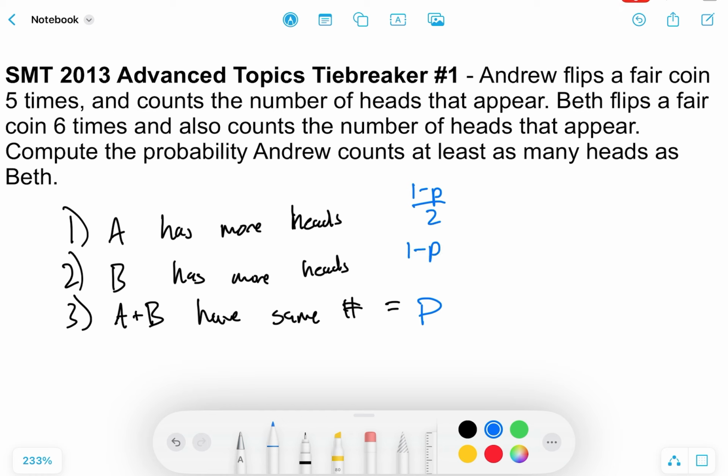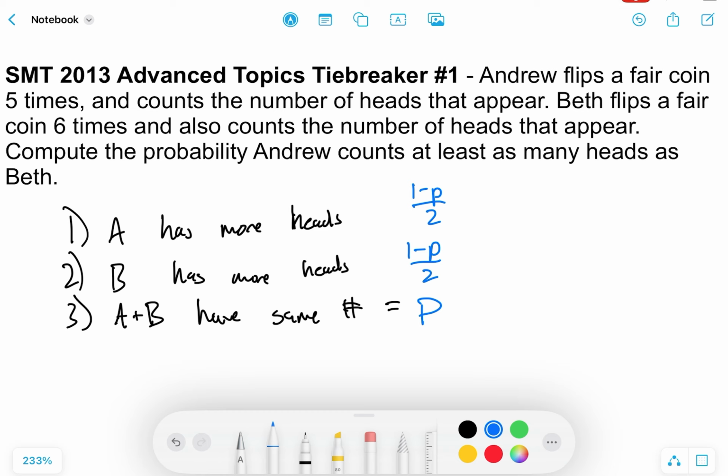Similarly for Beth, because you're cutting out the middle, and then you split the remaining cases, Andrew has more heads and Beth has more heads, so they should be symmetric. Okay, so we have these probabilities.